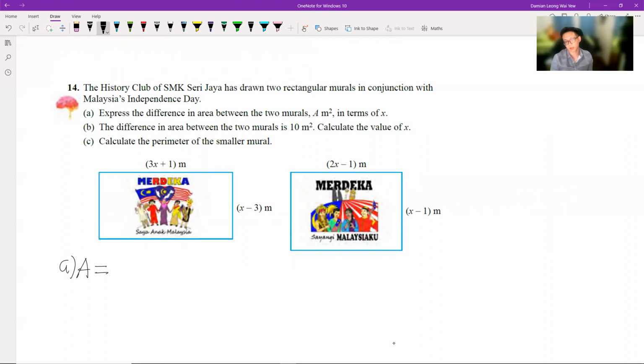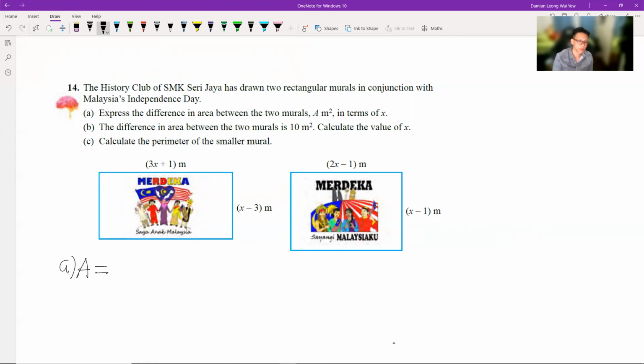On the other hand, this x minus 1, this x minus 3. Okay, without knowing what x is, it might be a bit misleading to tell. Okay, but I know this must be a positive length. So x must be at least 4. Okay, x must be at least 4.